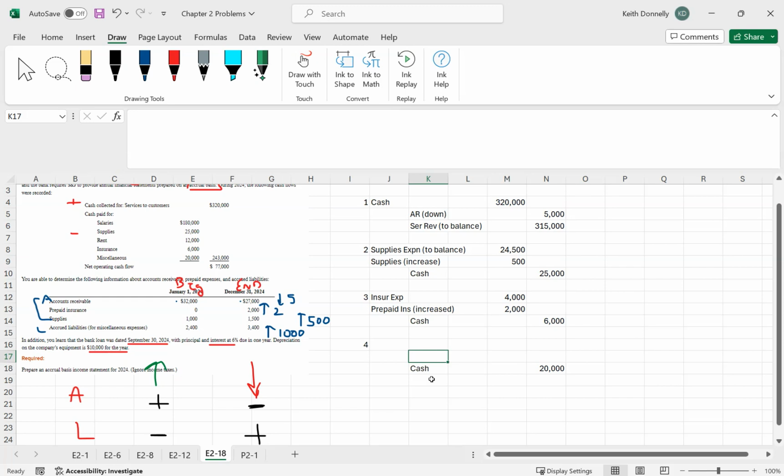These accrued liabilities increased, and we said they went up by 1,000. So when we do our miscellaneous expense for accrual purposes, to get that to balance, it's going to be $21,000. We have an increase in a liability there.